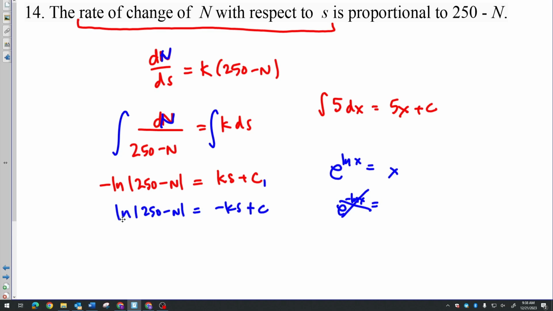All right, over here I've gotten a negative out, and my goal is to solve for this y here, this n. So I'm going to exponentiate. First you separate, then you integrate, and sometimes you exponentiate. But I don't want to do it with the negative here, so you have to get rid of the negative first, and then you can exponentiate.